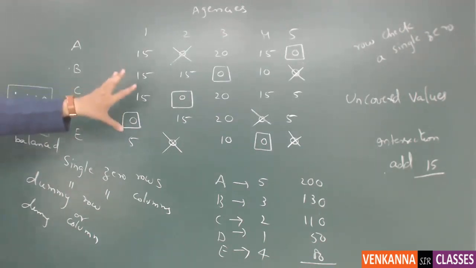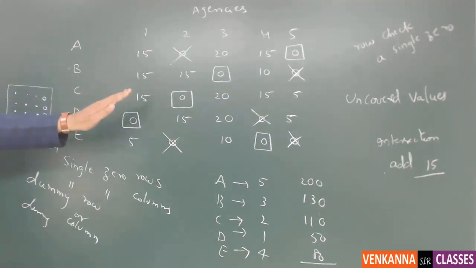The procedure I have described will be followed if the number of allocations is not equal to the required number. That's all. This is the whole thing about the assignment problem. Compared to the linear programming chapter, either simplex method, graphical method, or transportation problem, the assignment problem is the easiest and most convenient one. I will take one more example.